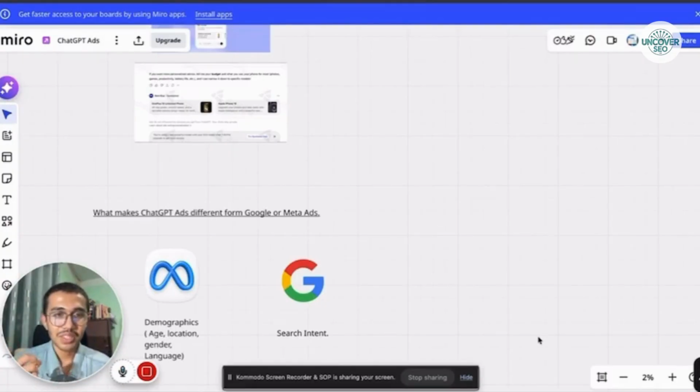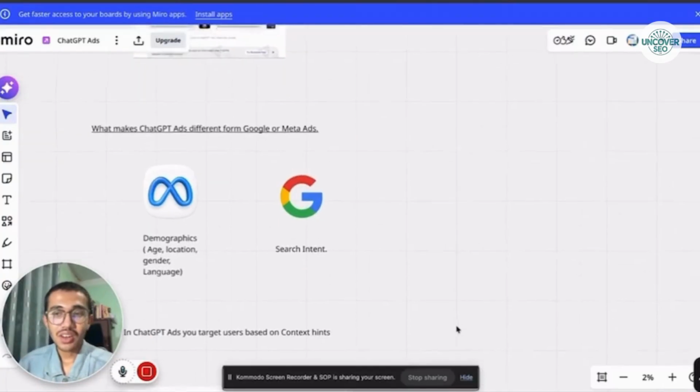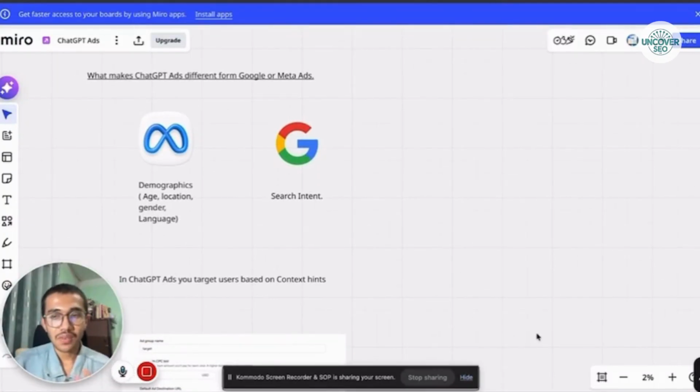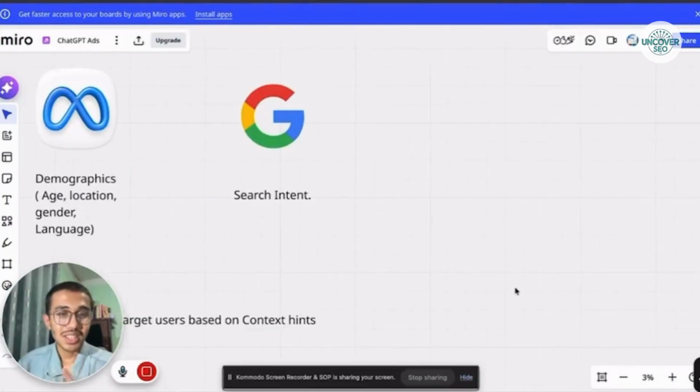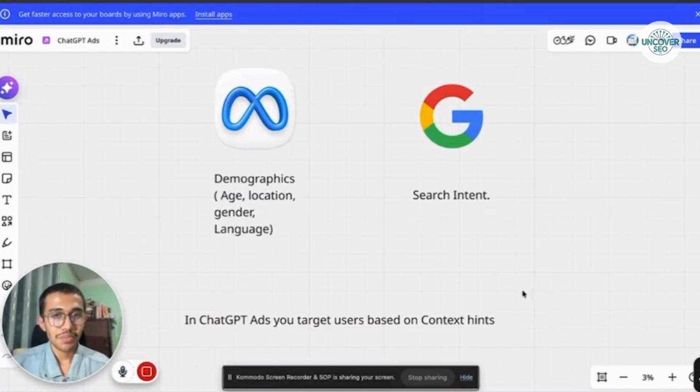Because at that time attention was cheap. People used to get a lot of eyeballs for very little money. The pattern here is the same, because right now not many people are in this space, and this is one of the greatest opportunities of this decade which you can't miss.